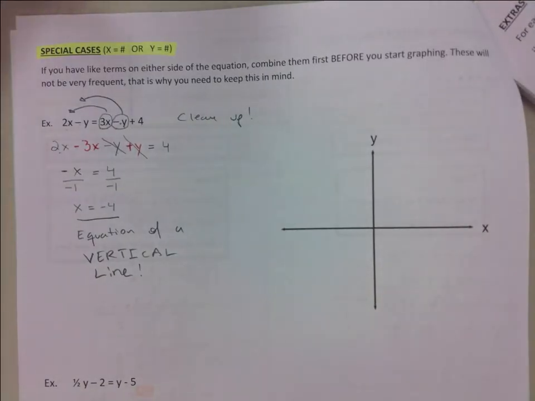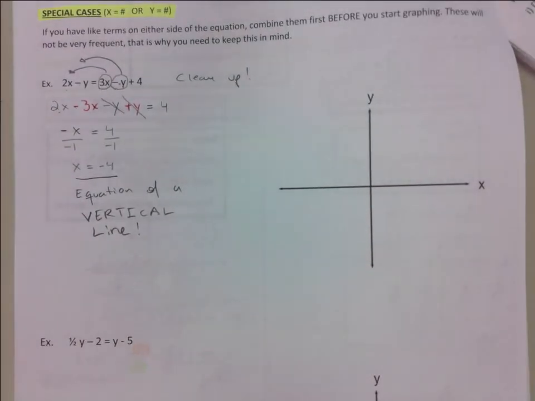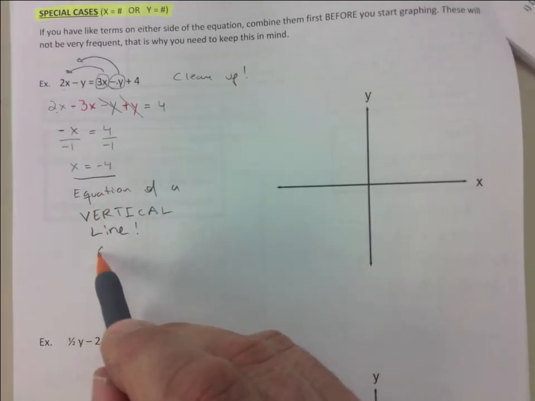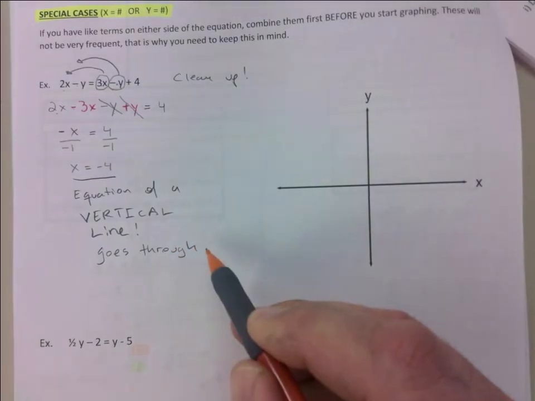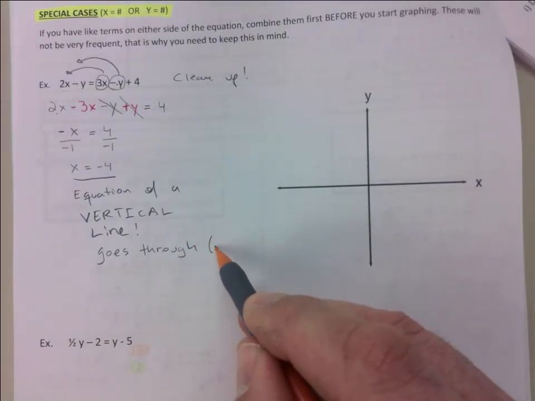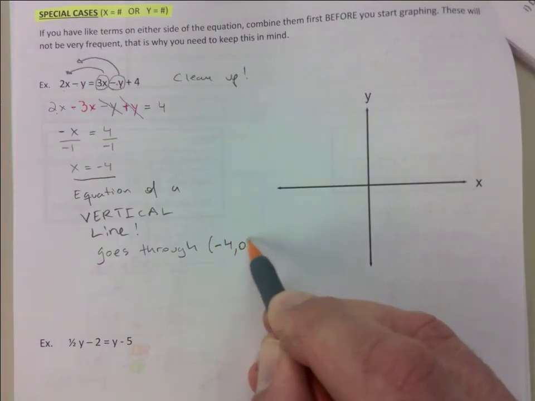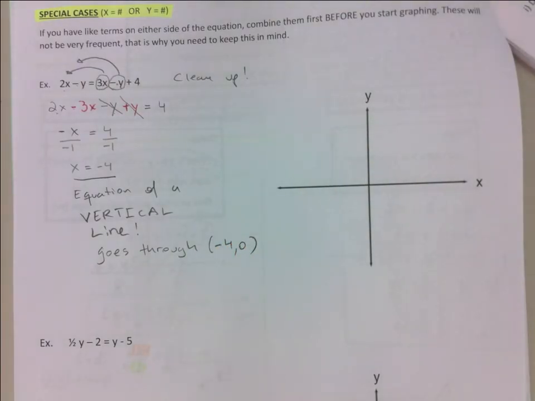Okay, where is this one going through? The number says it all. Goes through, almost sounded like an Irish, through, okay, negative 4, 0. Where did that negative 4 come from? Right here.